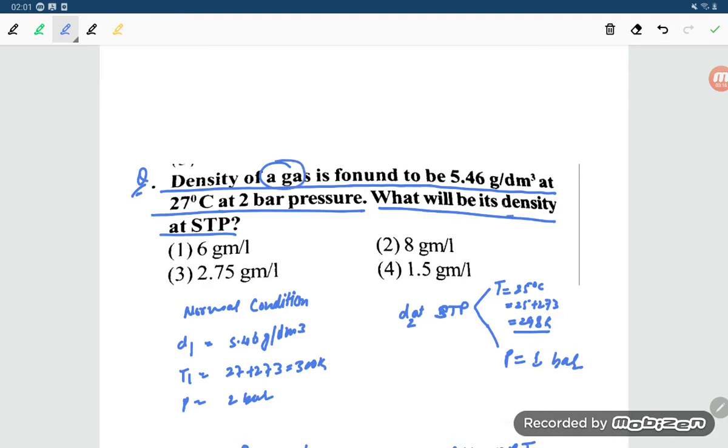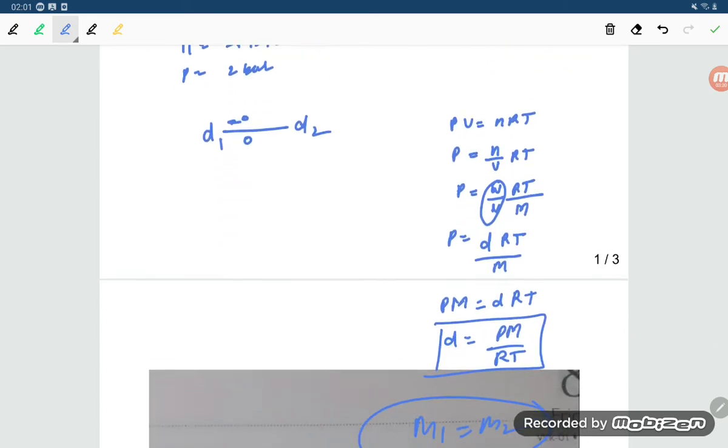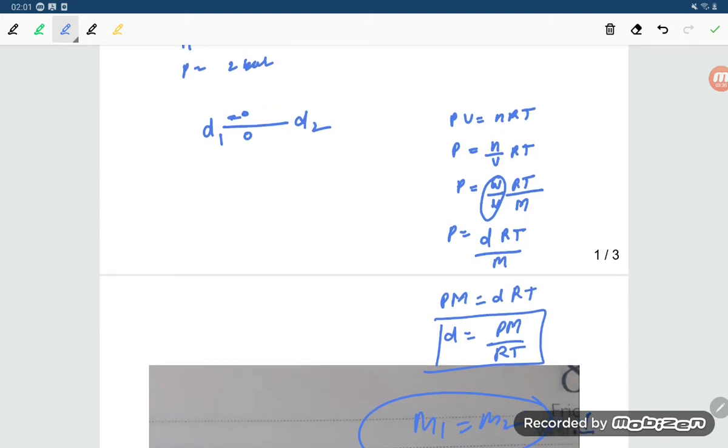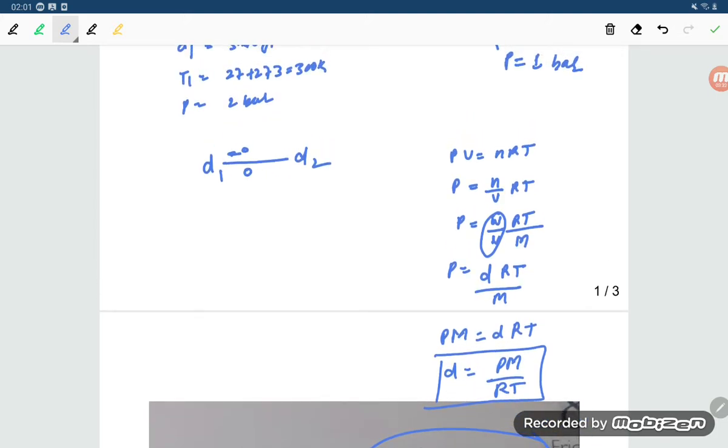What will be its density? Its density means that gas, so the mass is the same. We are considering the mass to be 1. So let us put in the values.